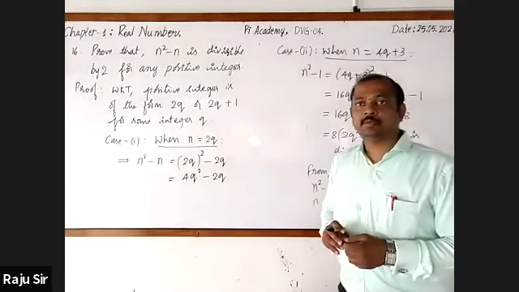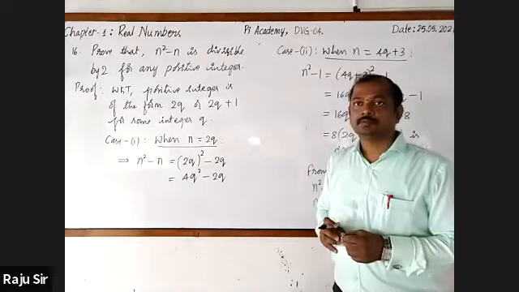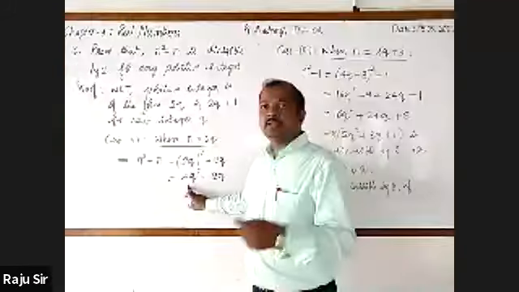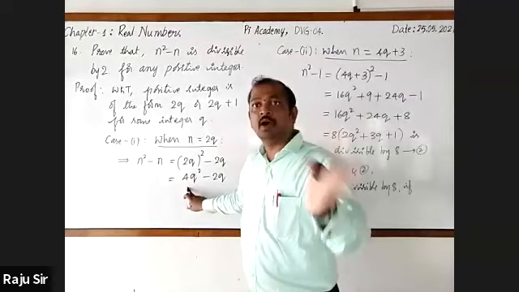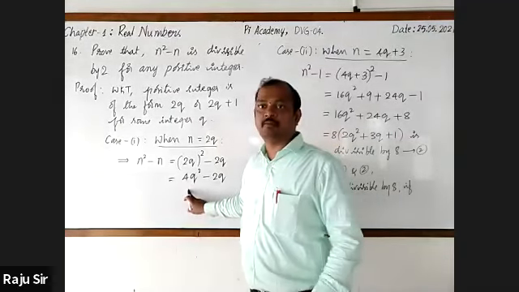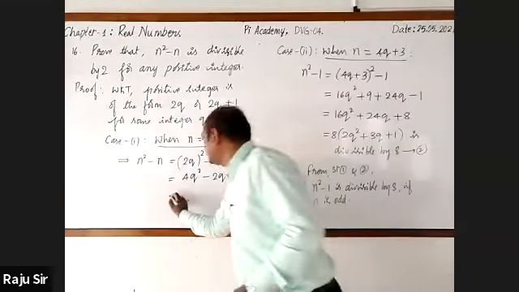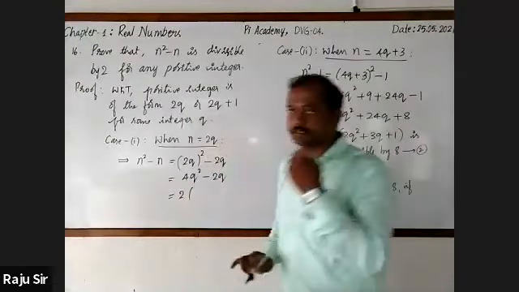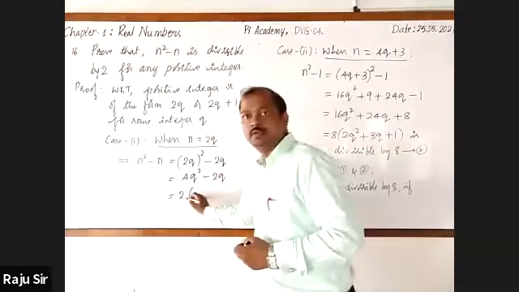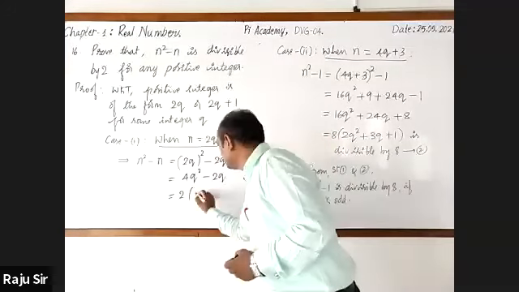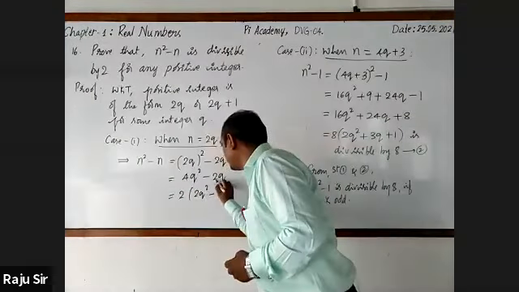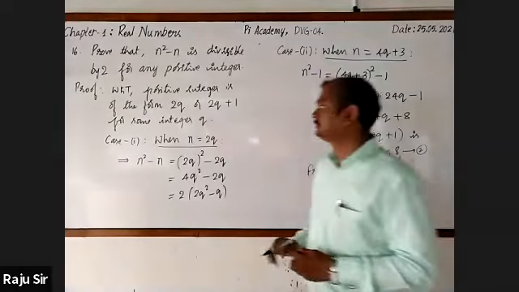What is the next step? Take 2 as common factor. You may take only 2 as common factor or 2q as common factor, however you want. I take just 2 as common factor: 2 into 2q square minus q.